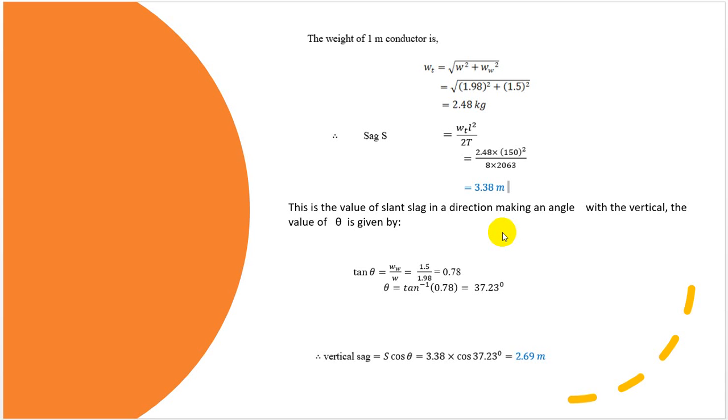We know the basic equation of vertical sag equals S into cos theta. Multiplication of sag and cos theta is the vertical sag. S equals 3.38 and theta is 37.23 degrees, and after calculating I got the vertical sag equal to 2.69.